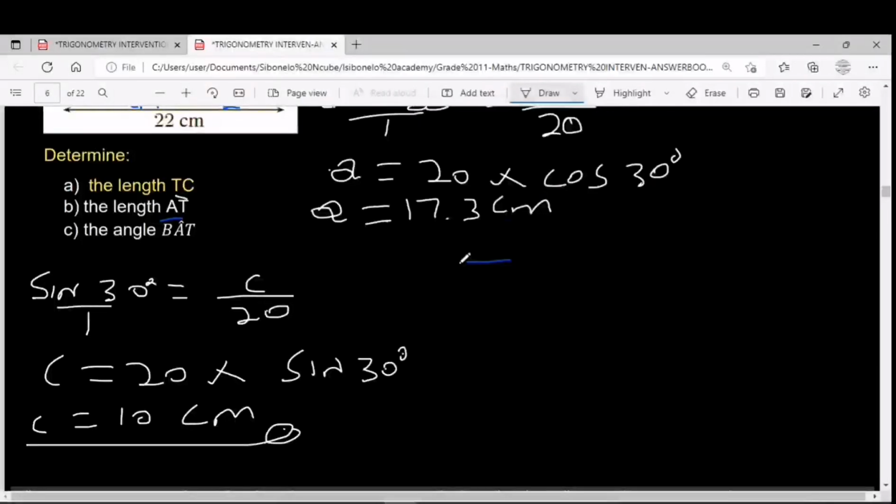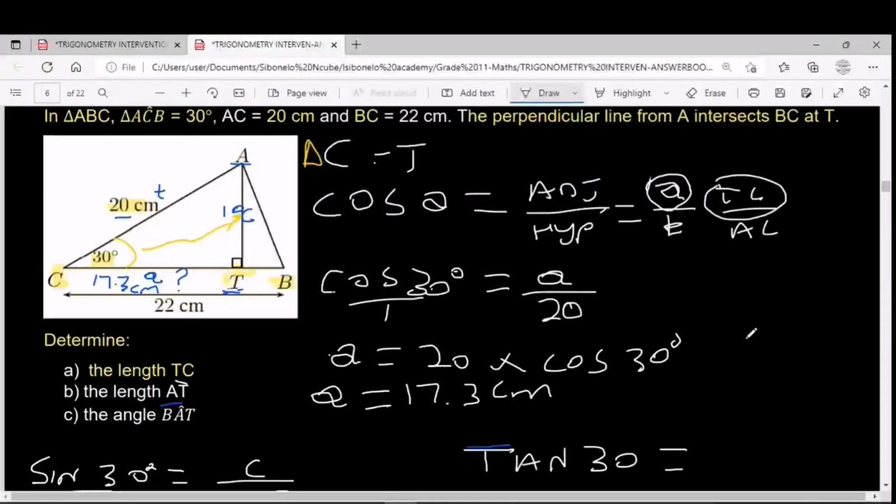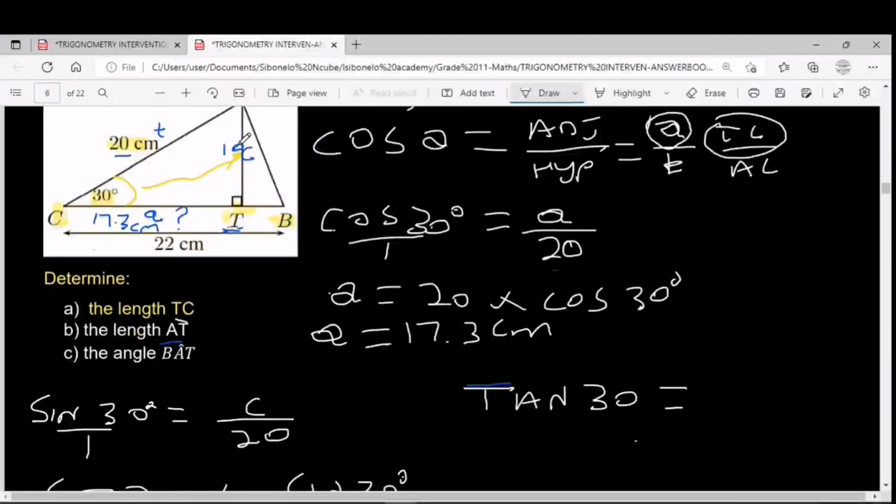So now I use tangent. So we will have tan 30 equals what? Opposite over adjacent. The opposite we didn't know, OC, because this is the opposite.